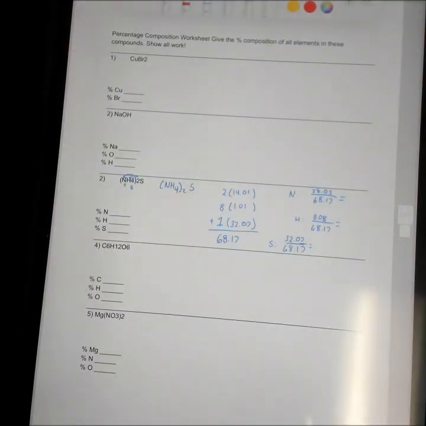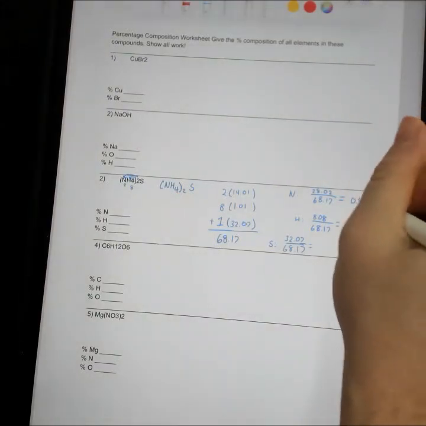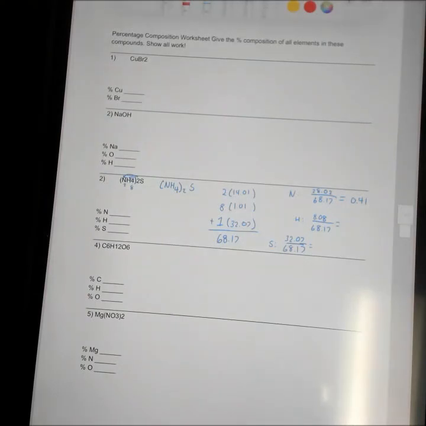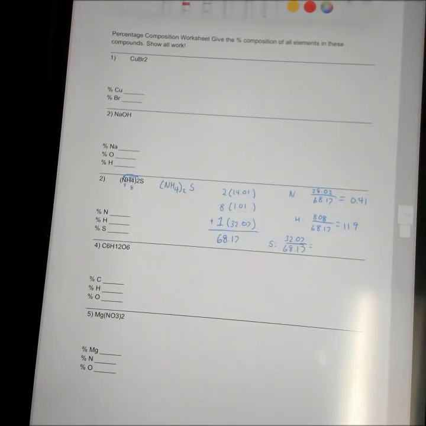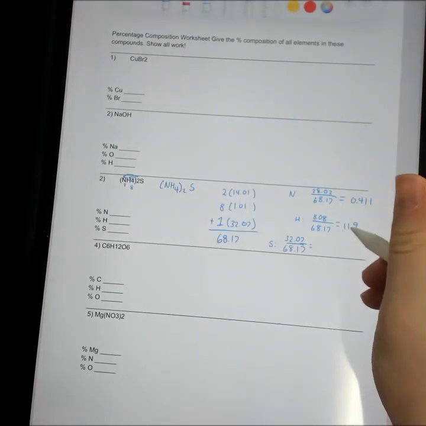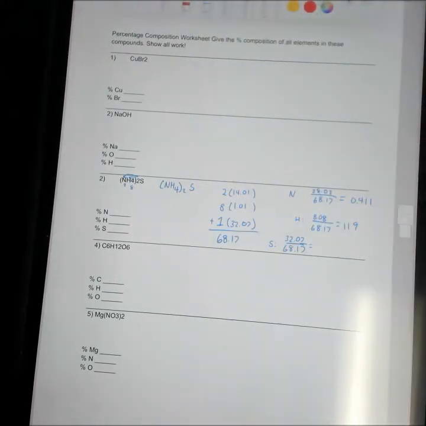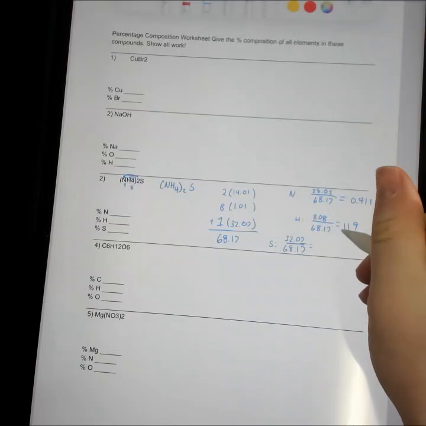So I'm going to do 28.02 divided by 68.17, and we end up with 0.411. Then 8.08 divided by 68.17 is 0.119. Sorry, I'm getting ahead of myself, I forgot to do the sig figs.